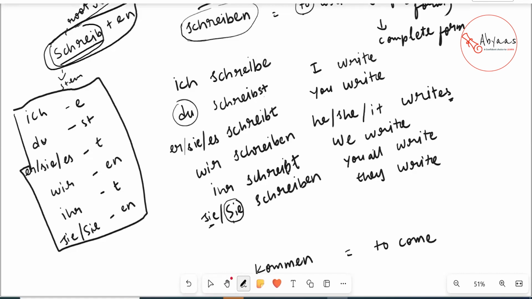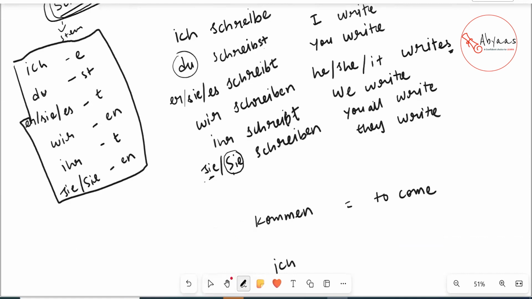Got it? That's the reason. Over here, it's just like our native languages, only for the second person. So the small s, sie, means they. This one would be they, and capital S, Sie, will be you, which is formal.